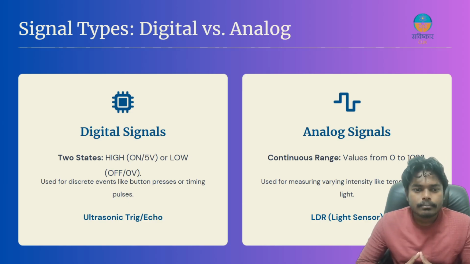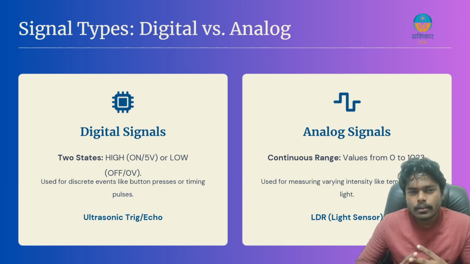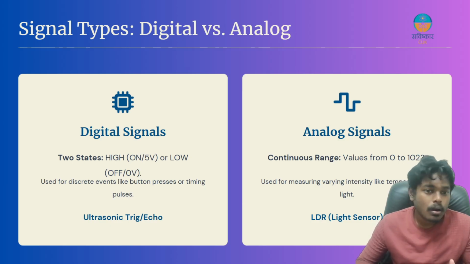So if we talk about the ultrasonic sensor, in order to interface it, we use the digital pins because it gives us a digital signal where it has two states. Okay, either it's high, or 5 volt, or you can say when it's on, or it has a low, off, or zero voltage, right?